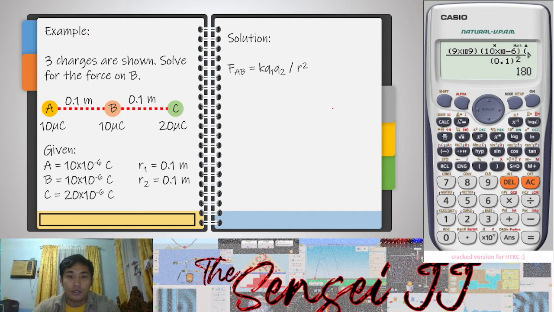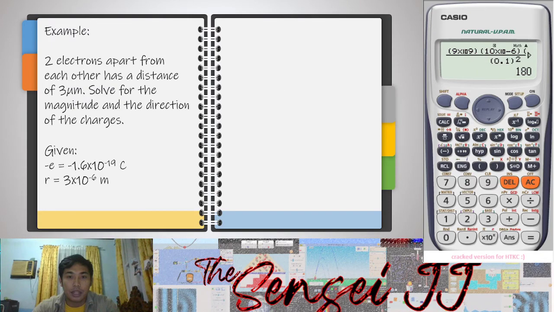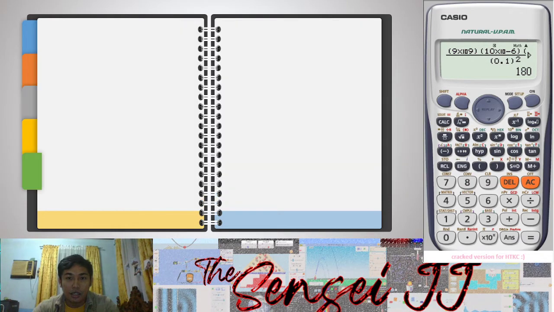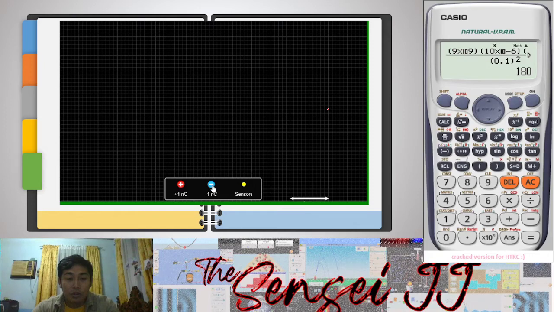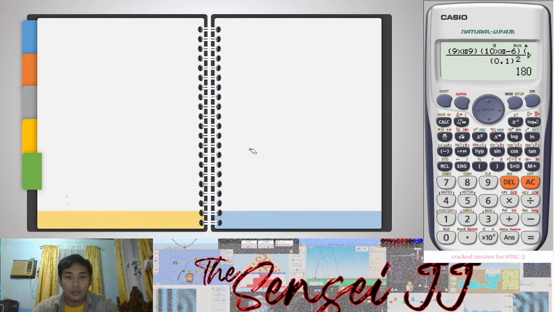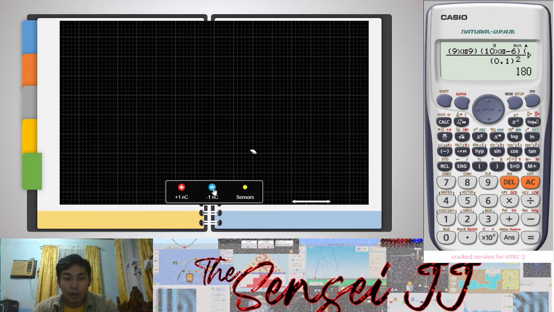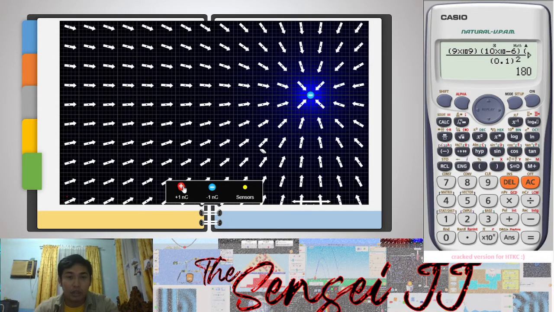Okay, so to remember the direction of the charges: when we place them in an electric field, even if there are three charges, the direction of our charges will not differ.